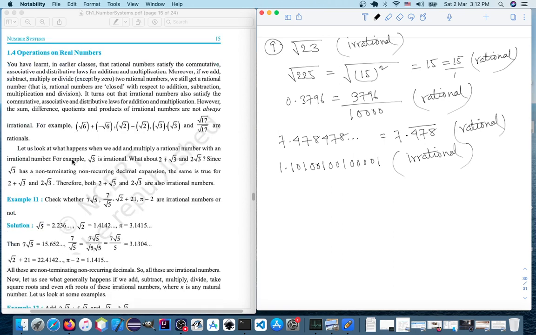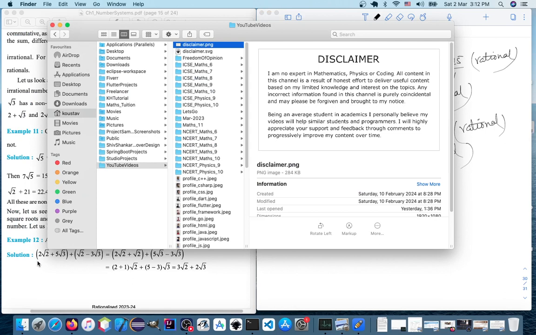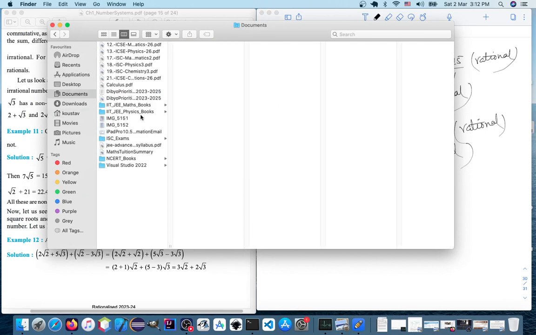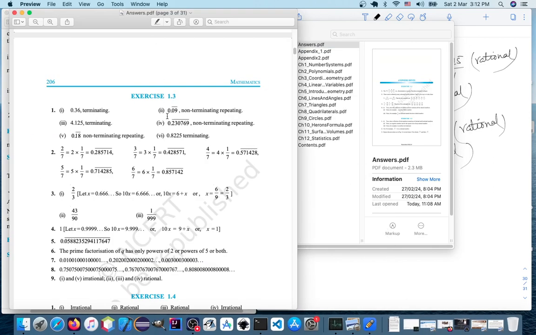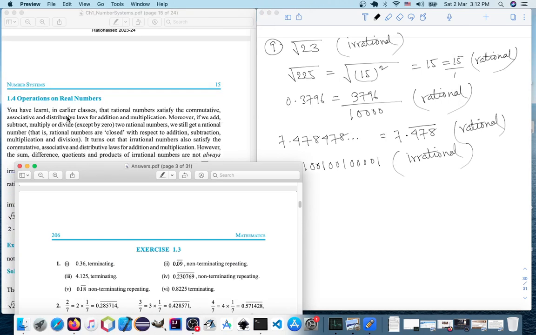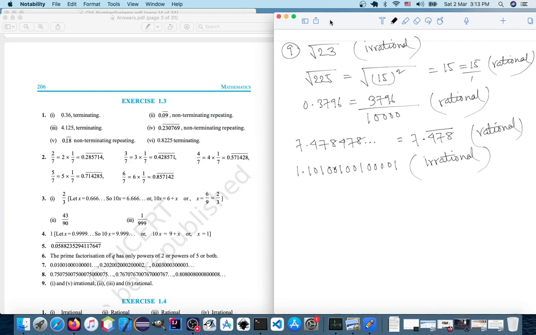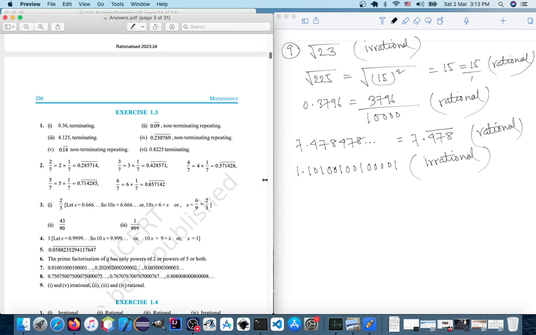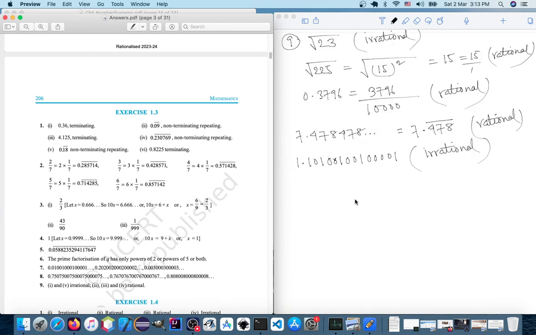Now, let me see if I can bring the answers of the exercise problems to check whether I did it correct or not. Class 9 textbook answers, exercise 1.3. So we are doing exercise 1.3, right? Okay. So here is my solution, and here are the answers. Let's see. Let's start from the end.